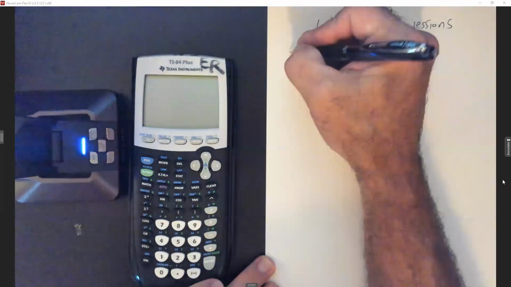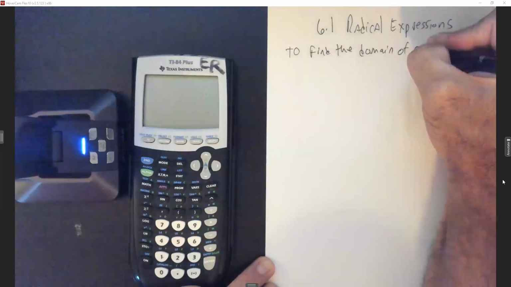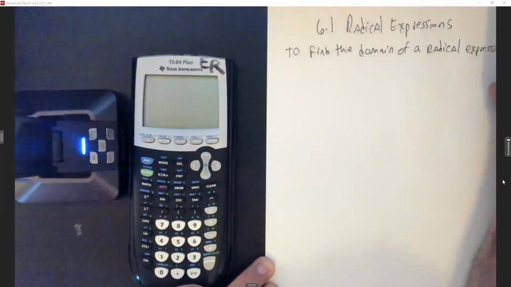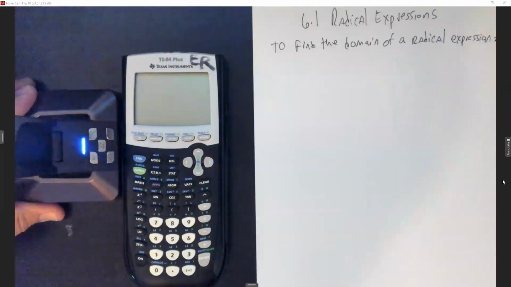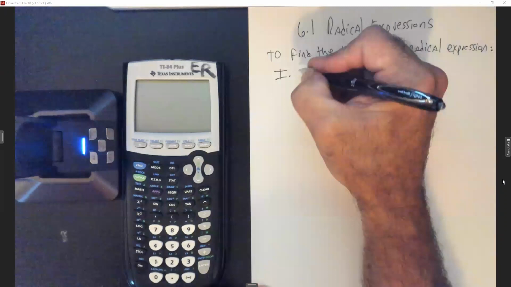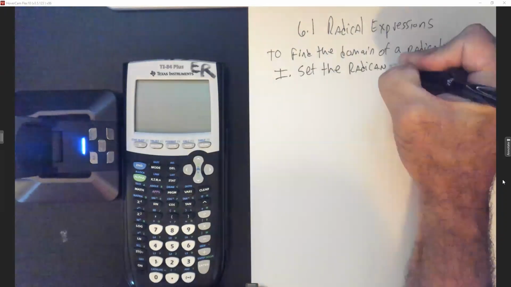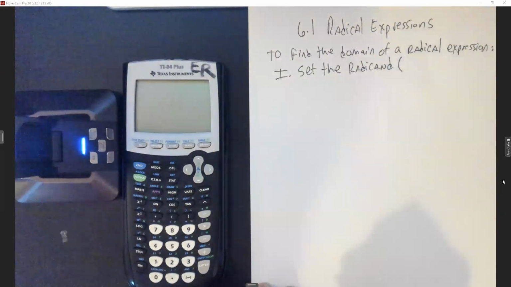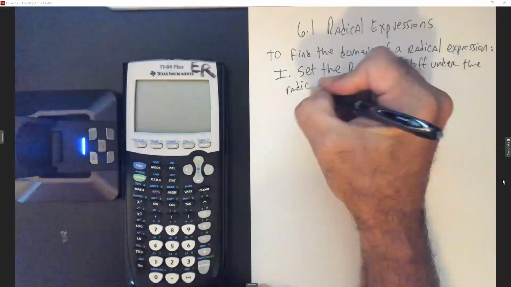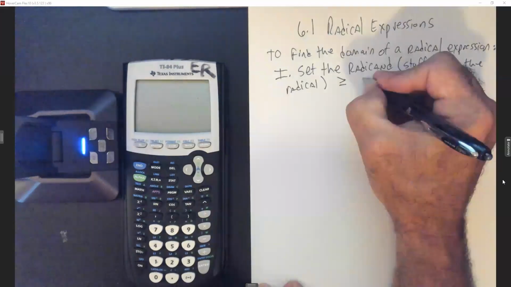So to find the domain of a radical expression, the first thing we'll do is set the radicand, which is the stuff under the radical, greater than or equal to 0.